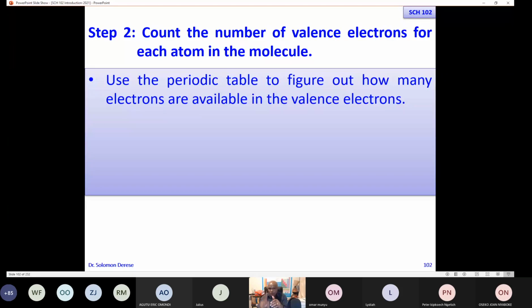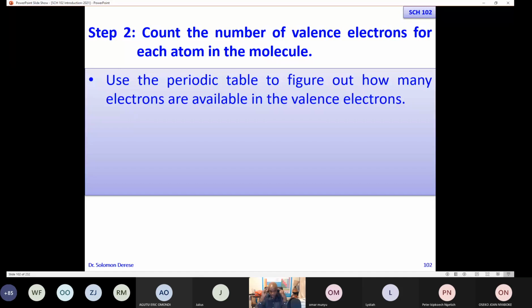If they are group 3, 3 valence electrons. If they are group 4A, like carbon, 4 valence electrons. Group 5, 5 valence electrons. If it's nitrogen, if it is phosphorus, those are 5 electrons. If it is oxygen, if it is sulfur, those are 6 electrons. If it is halogens, it is 7. So from the position of the element in the periodic table, you determine what its valence electrons are.